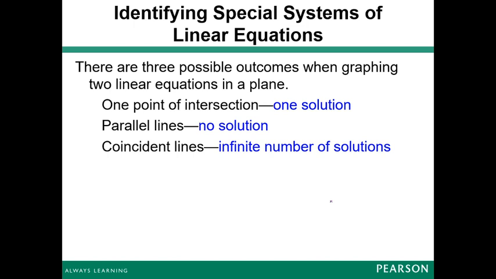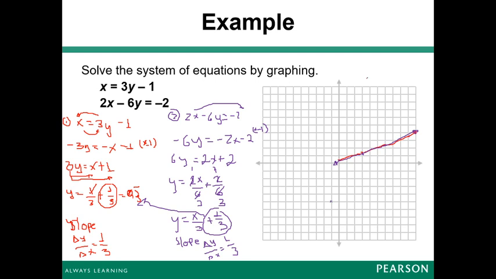Look at that. In this case, we have coincident lines: the same slope and the same intercept with the y-axis.